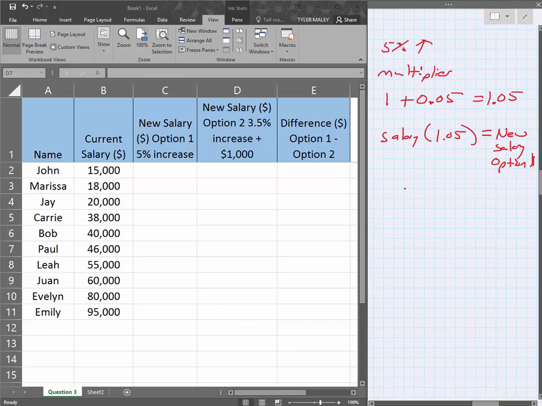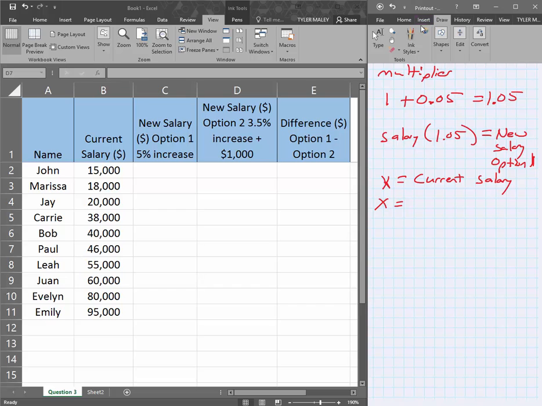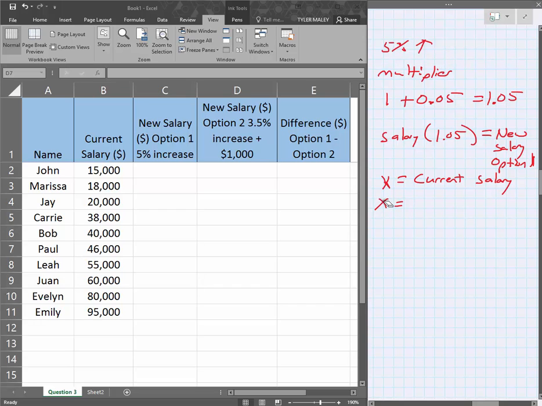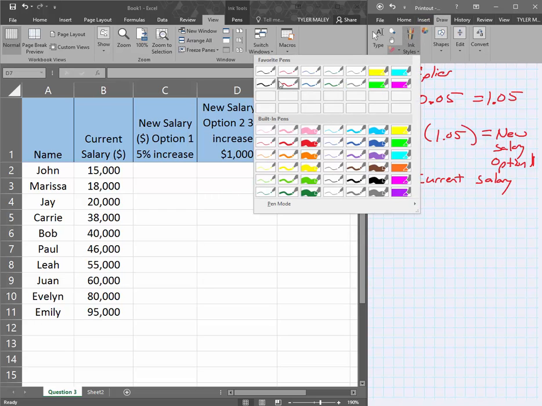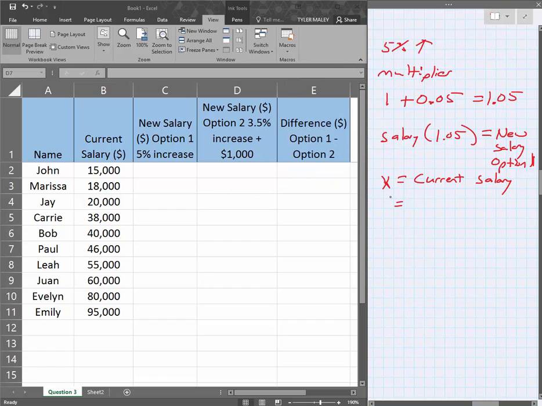If I wanted to show this in variables, which will be helpful because I'm going to show you a visual in a moment, let's say I want x to be the current salary, and I want y to be my new salary.